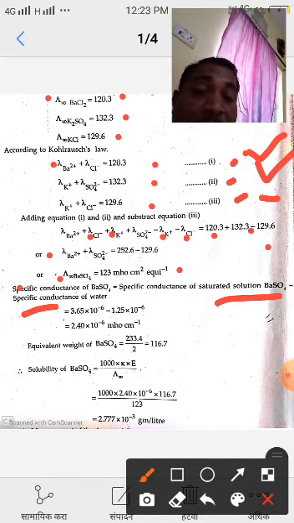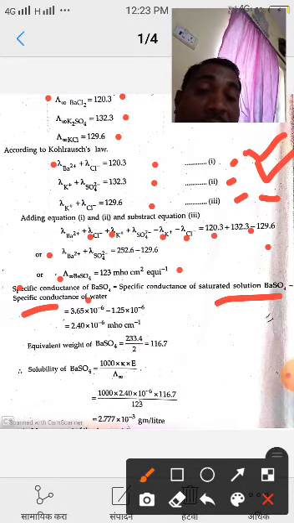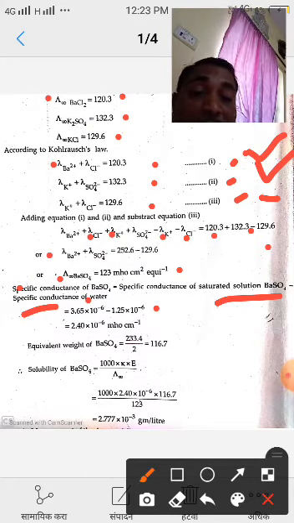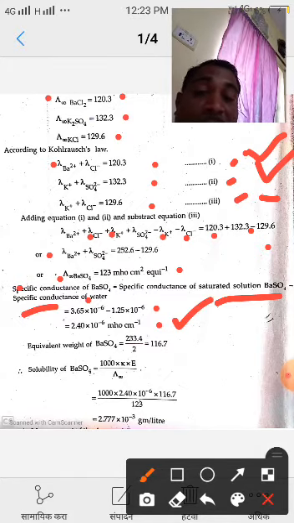Therefore, it is 3.65 into 10 raised to power minus 6 minus 1.25 into 10 raised to power minus 6, so we get 2.40 into 10 raised to power minus 6. From this subtraction we get the specific conductance of BaSO4.